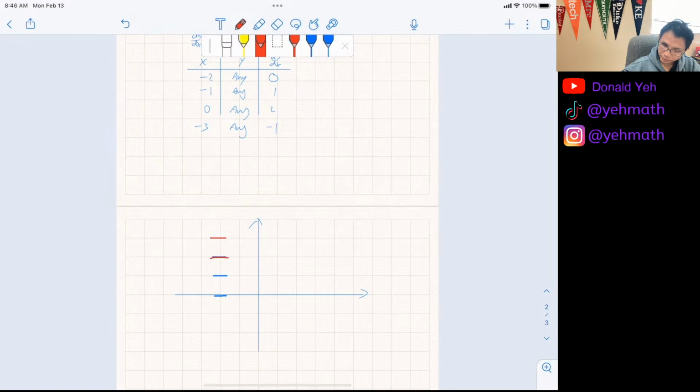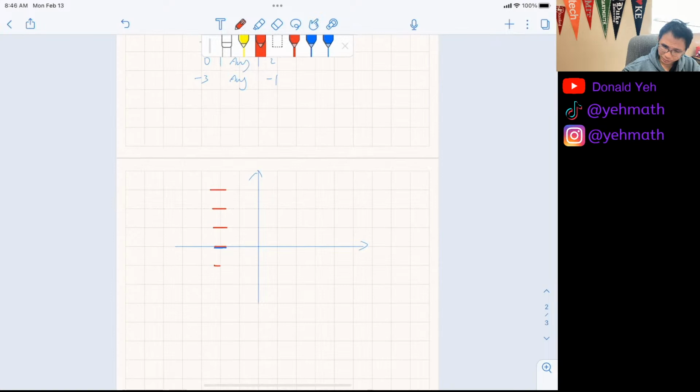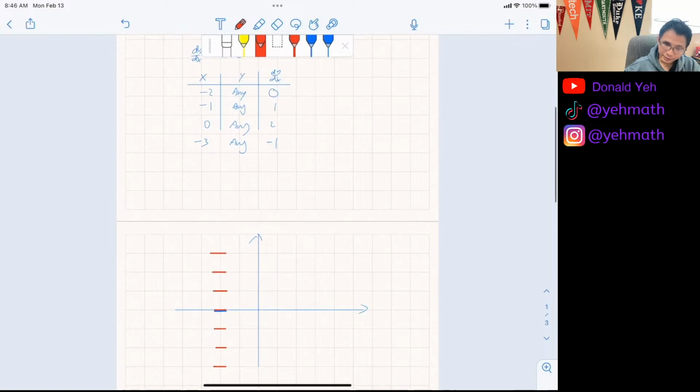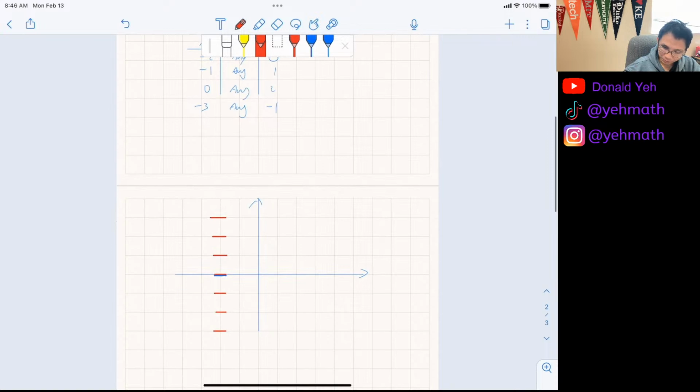It's gonna be like this. And I'm gonna draw all the way down when x equal to -2, so I only draw on the coordinates. Okay, at x equal to -1, I'm gonna have a slope of 1, which is the 45-degree one.